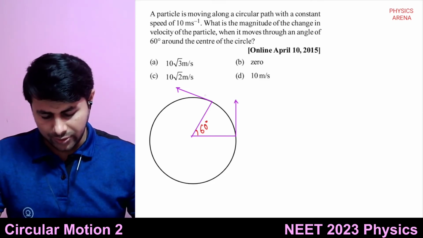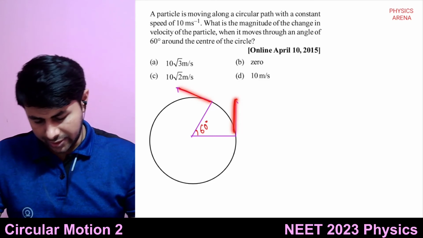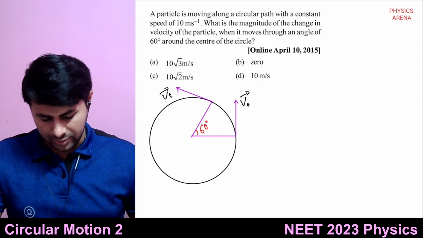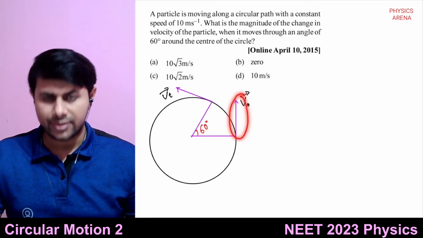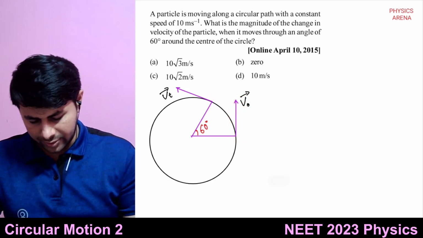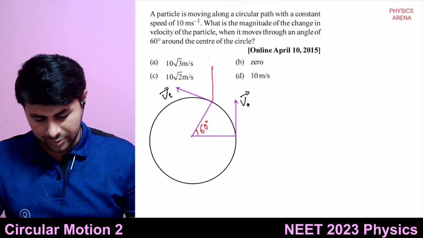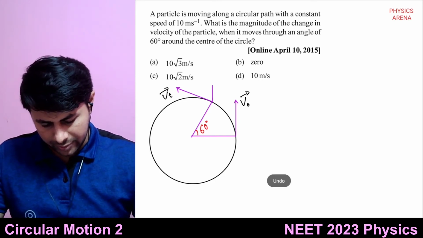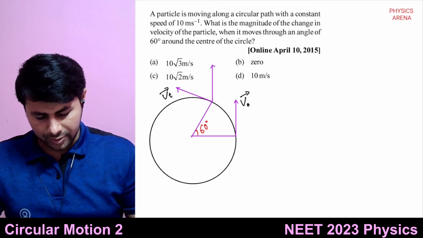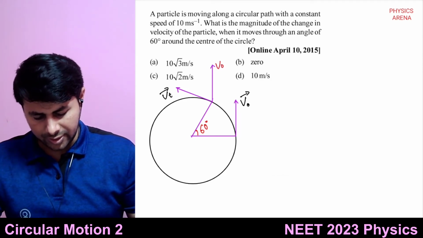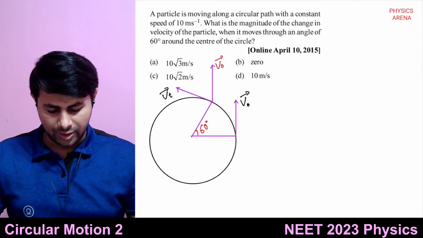What do you have to do? You have to subtract the initial velocity, you can call it Vi or V0, from Vt. So how to do that? Take this vector, put it over here. This is your V0 bar and you want to subtract it. How much is this angle?